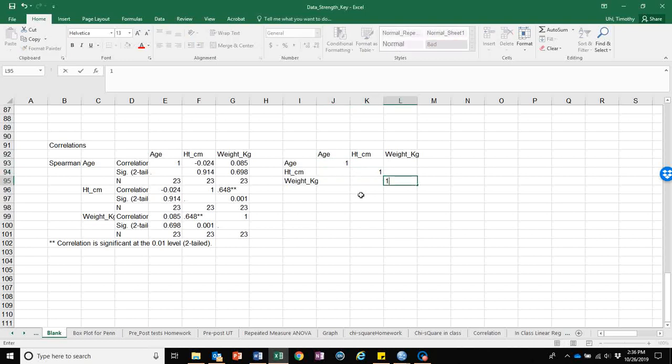This is always going to be a 1. So the true results are right here in these three cells. You'll see it reported both ways, with a 1 in there or with it not showing anything. What we care about the most are these correlations and this correlation.